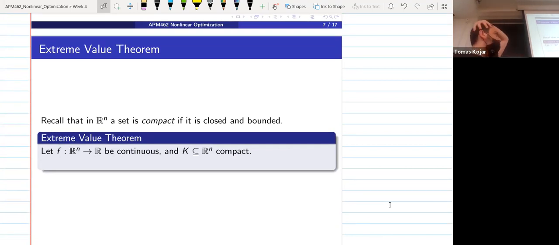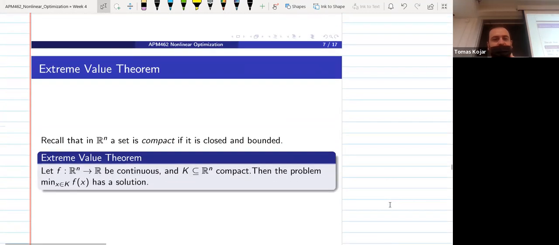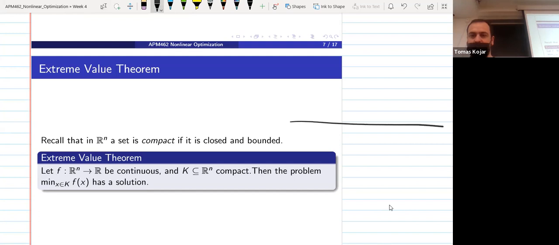First, I have to justify that you will always have a minimizer. And so we will prove this theorem from second year: if your function is continuous and the set is compact, then the minimizer exists always. Okay. And it's not unique. So for example, you know, we've seen these pictures, right?